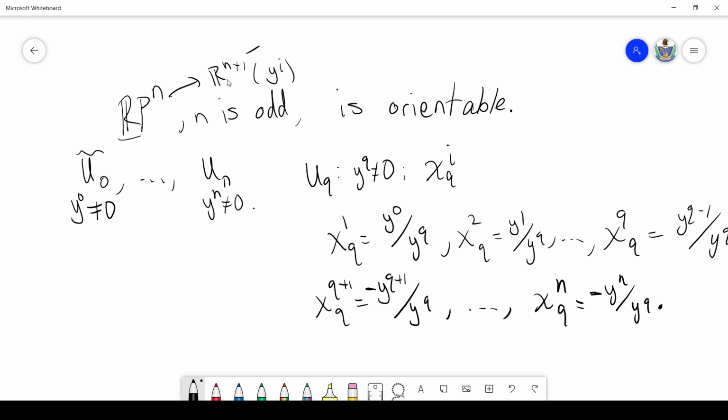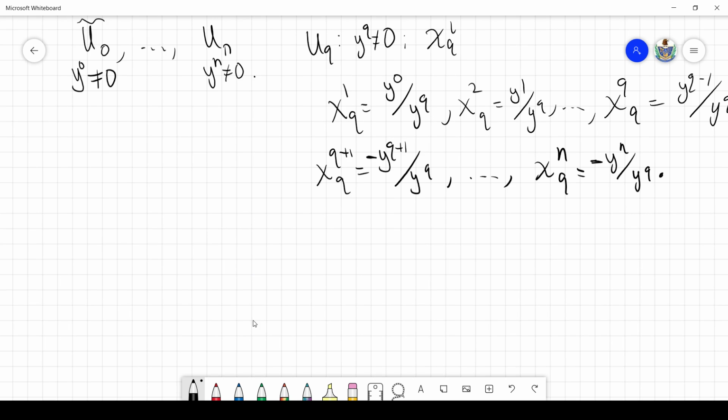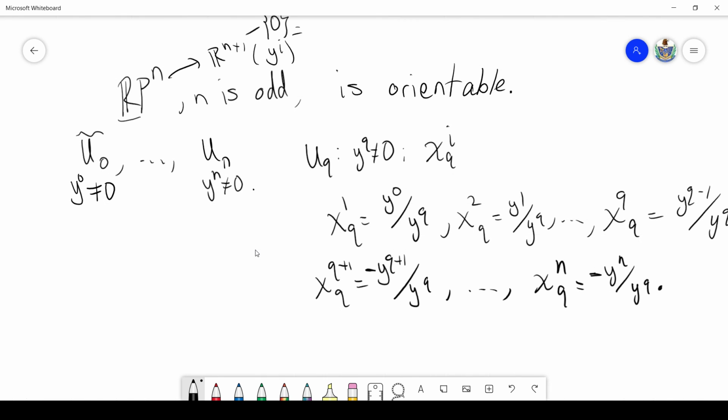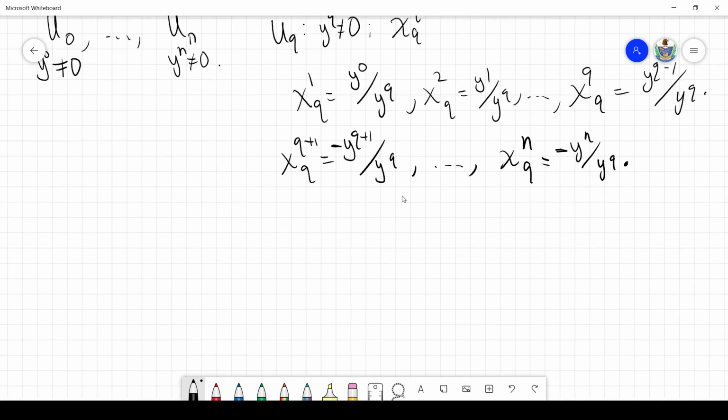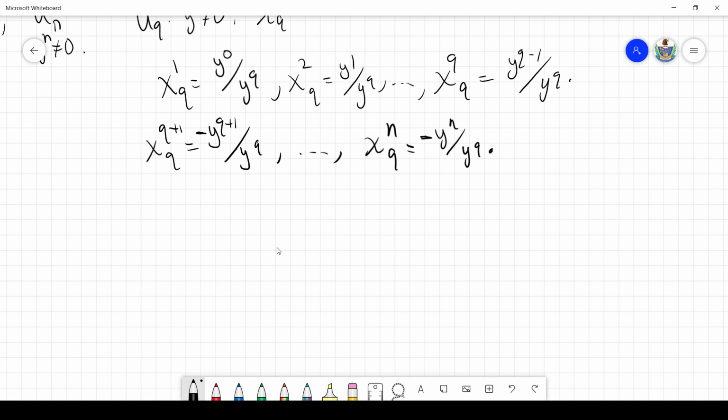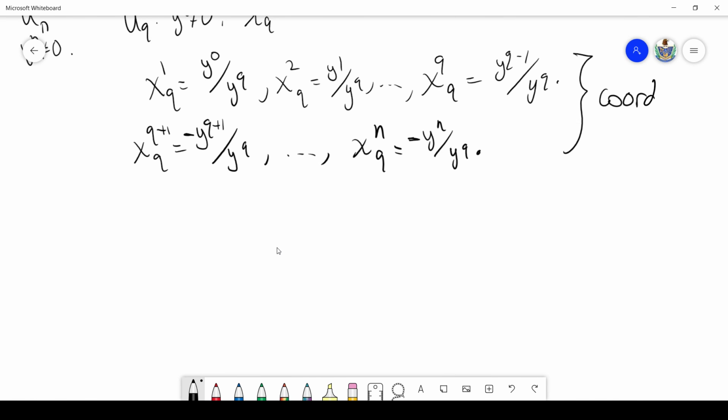Well, technically Rn plus 1 minus 0, because we exclude the origin. It's a quotient space of that. Or you can consider this to be Sn. Okay, so this is how we've defined our coordinates on UQ.